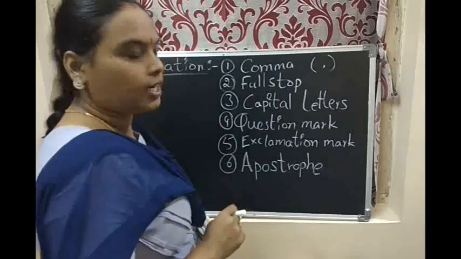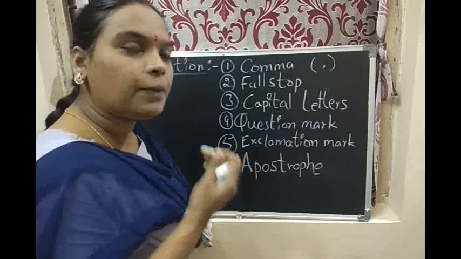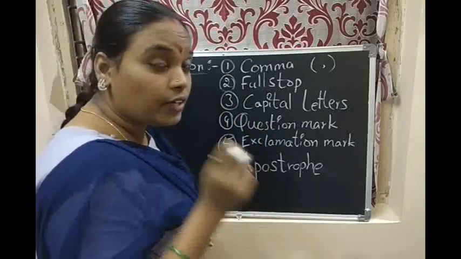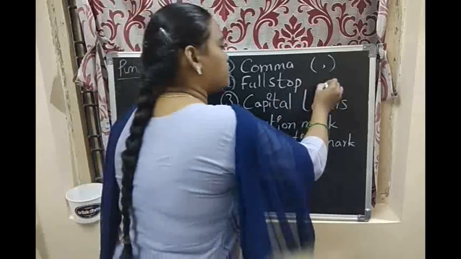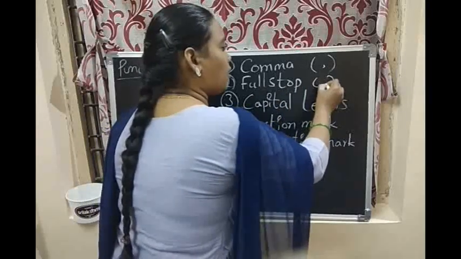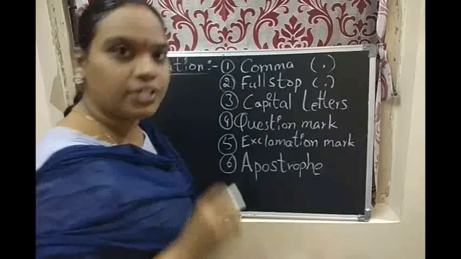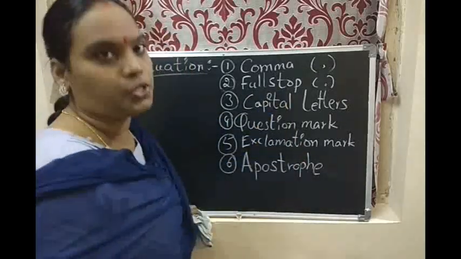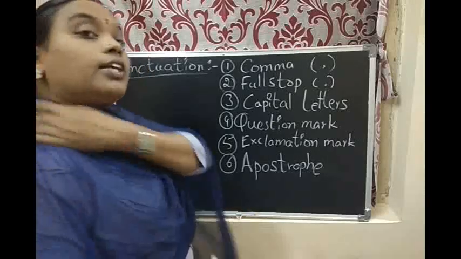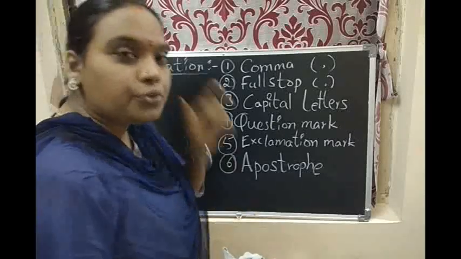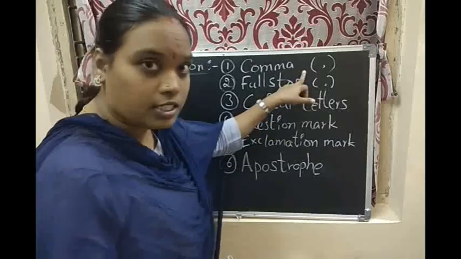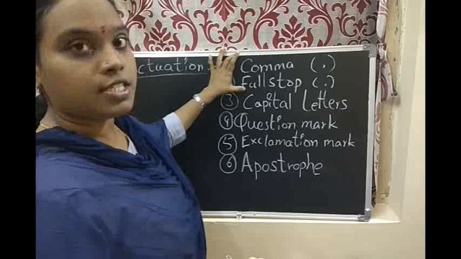Comma. Okay, we have completed that particular topic or sentence. Then what we have to use? Full stop. So at the end of the sentence, we have to keep full stop. Whenever we are giving pause between two sentences, we are putting comma. Is it clear? Yeah, these are two.